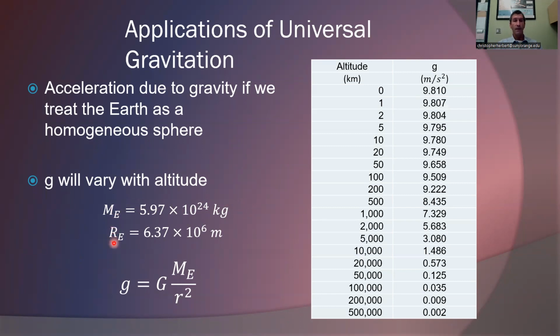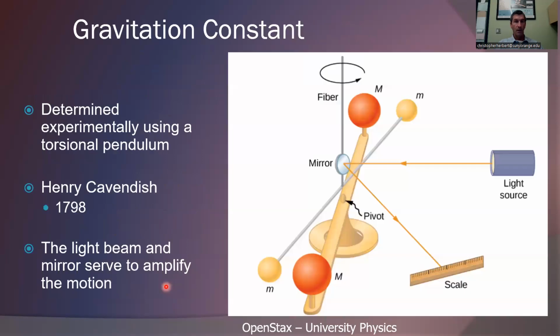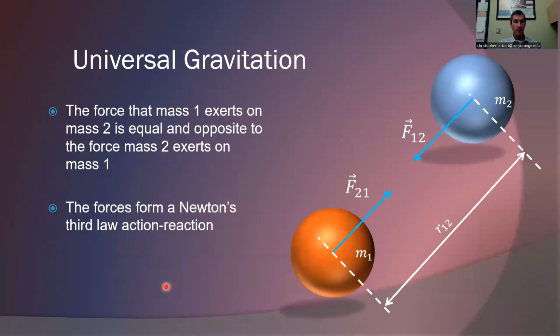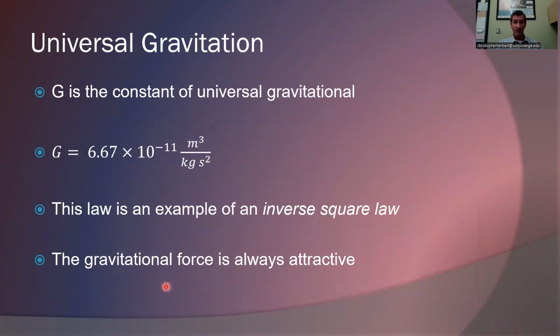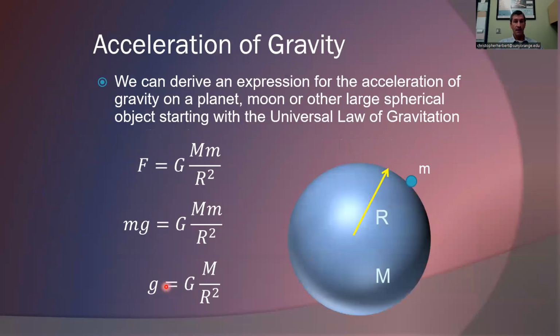We know the radius of the Earth, where we are on the surface, is 6.37 times 10 to the 6 meters. And of course, G is our value for the universal constant, 6.67 times 10 to the minus 11 meters cubed over kilograms seconds squared.